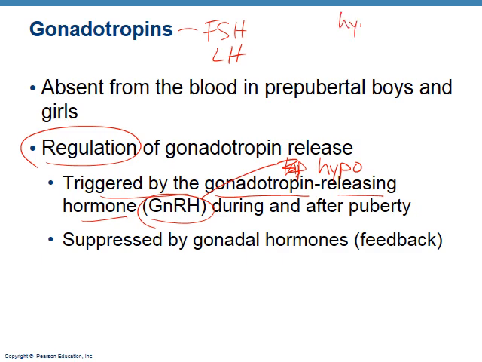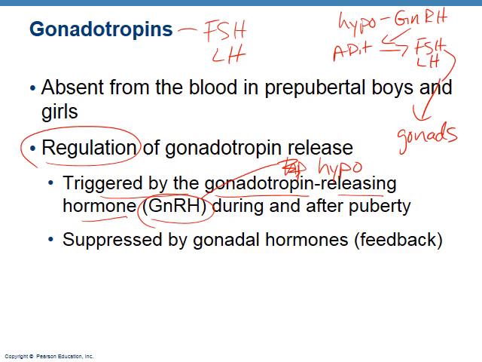So again, the hypothalamus is going to release GnRH. That's going to cause the anterior pituitary to release FSH and LH. These are going to go to the gonads. If it's FSH, it's going to have to do with gametes, making egg and sperm. If it's LH, it's going to have to do with making more hormones.